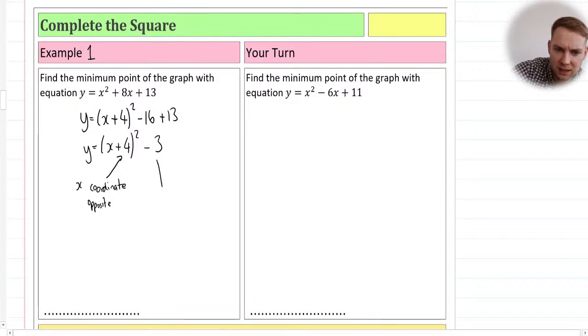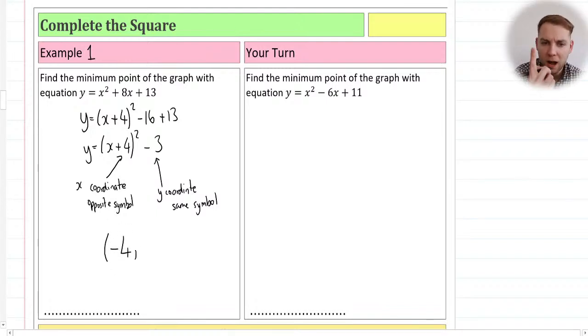This here is our y-coordinate, but it's the same symbol. There we go. So our x-coordinate, well, it's going to be the opposite symbol of this, so our x-coordinate is -4, like so. And our y-coordinate is the same symbol, so that's going to be -3. So this here is our minimum.